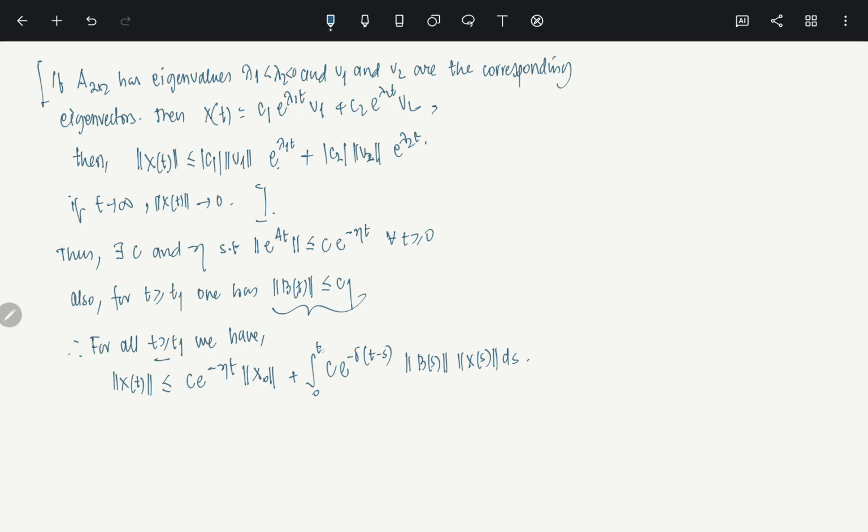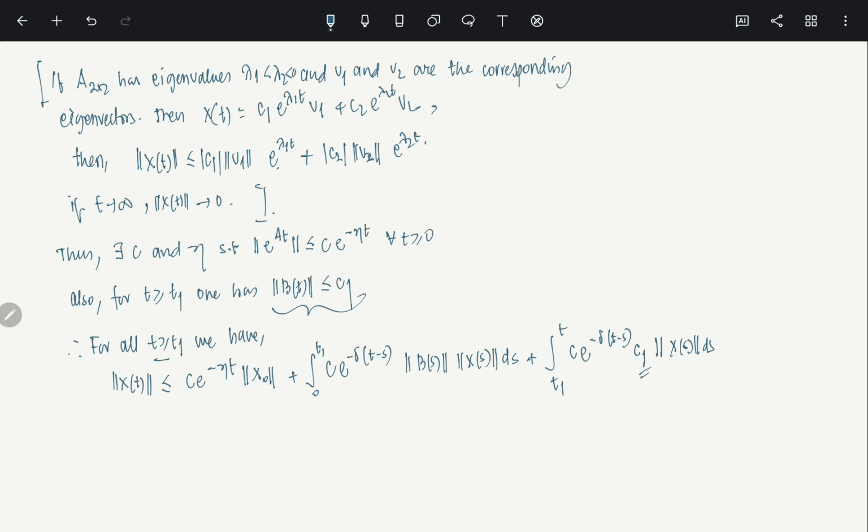So I will write the integral from 0 to t1, and then from t1 to t of c times e to the power minus eta t minus s, c1 times the norm of x of s ds. For all t greater than t1, the norm of B is dominated by c1, and between 0 and t1, B of s is just B of s. I hope this is clear. That is why I broke it up.